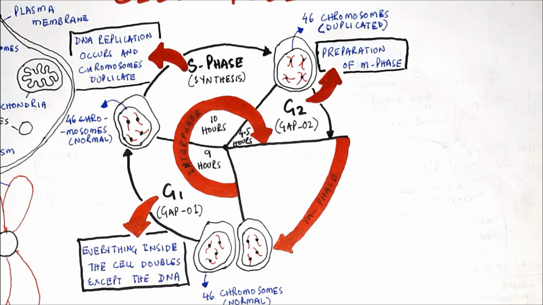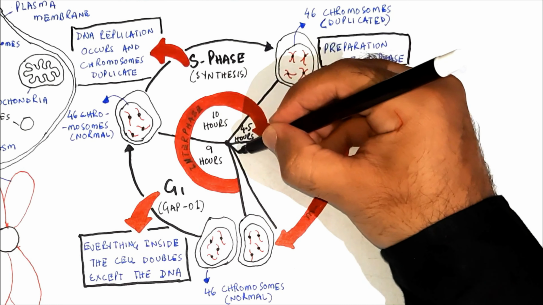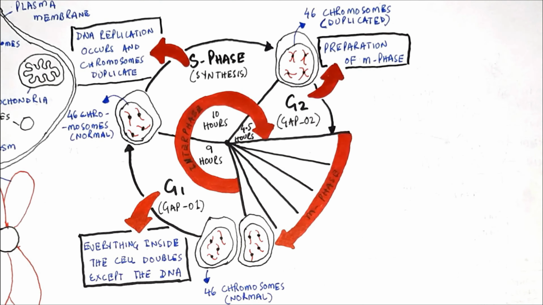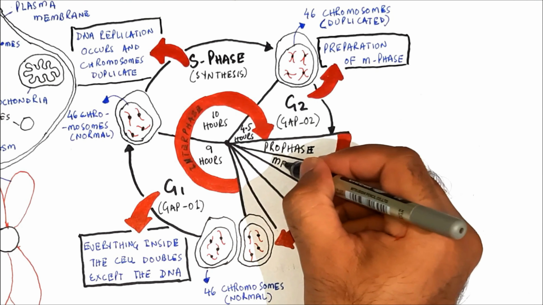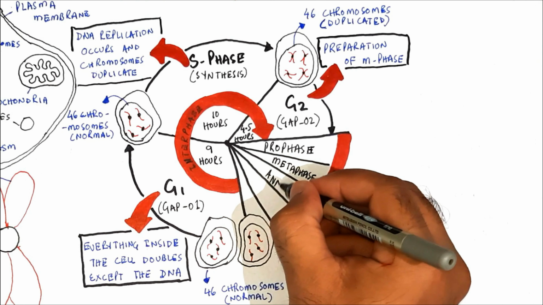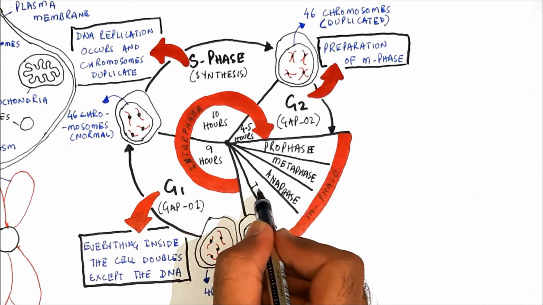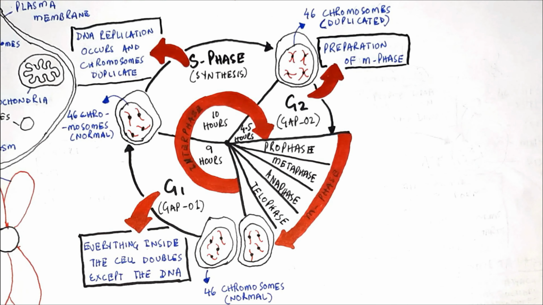The visible cell division actually occurs in the M phase. The M phase is divided further into four phases: the prophase, the metaphase, the anaphase, and the telophase. We will look into these phases one by one in the next video.